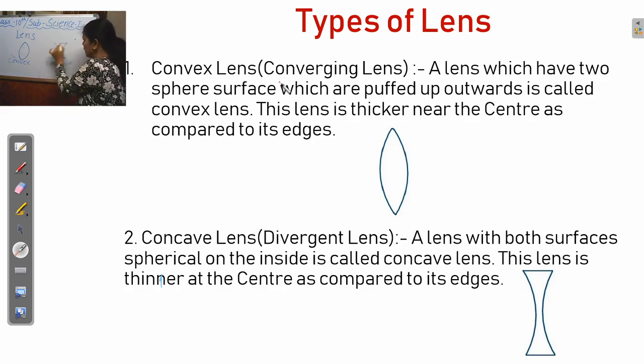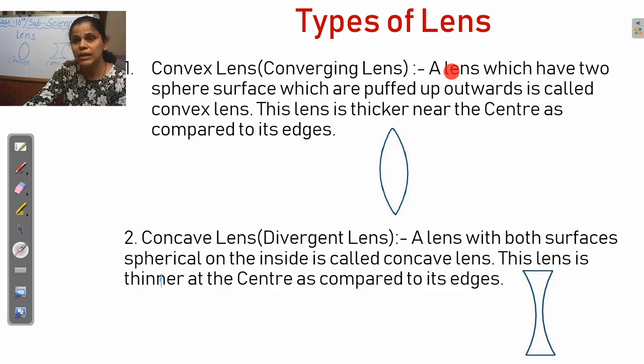So what is the meaning of converge and diverge? Again, this topic you will be taught in the next lecture. So just remember, the convex lens is also known as a converging lens and the concave lens is also known as a diverging lens.